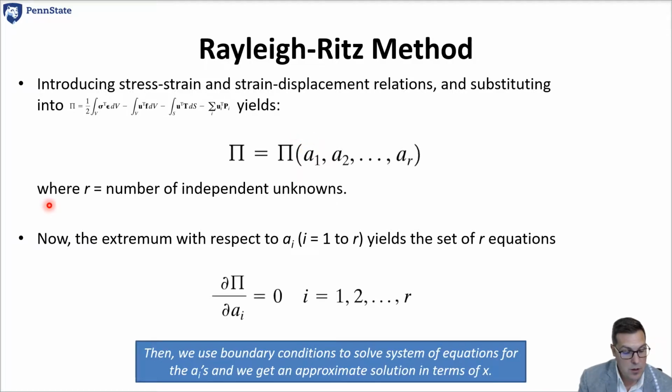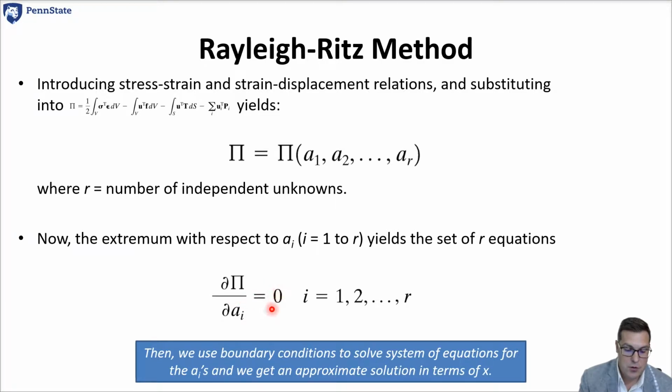So we have a number of independent unknowns, and then we can take the minimum, partial of Pi with respect to partial of a naught. So this is very similar to what we did in our spring example, although this is a little bit more general now.